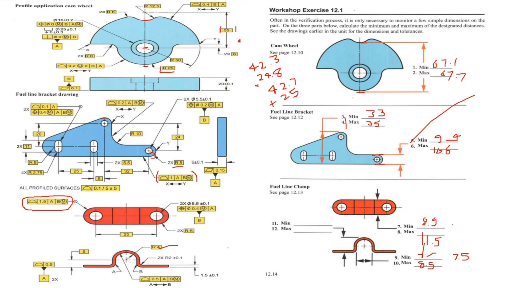And then here, these minimum and maximum values are for from here to here, this one. So it's 0.5 of a profile tolerance with datum A, and the radius is 4. So 4 plus 4. Okay, we are going to calculate this one. This 4 and 5, it's 9.